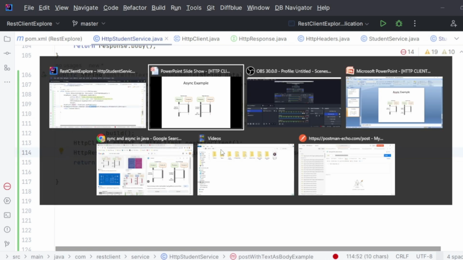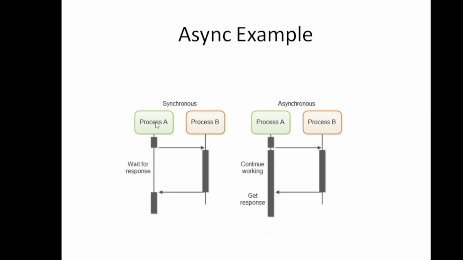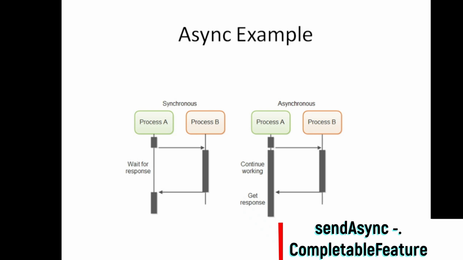Let's say process A is trying to consume process B. As part of this synchronous one, where we are using the send method, it will wait for process B to give complete information, then it will give it back to process A. Whereas asynchronous, it will consume process B, but process A doesn't continue to wait.